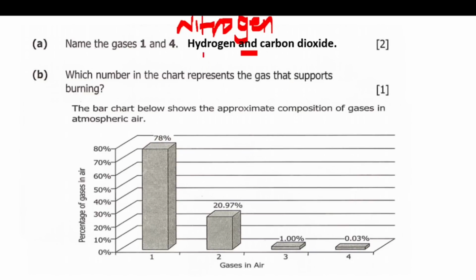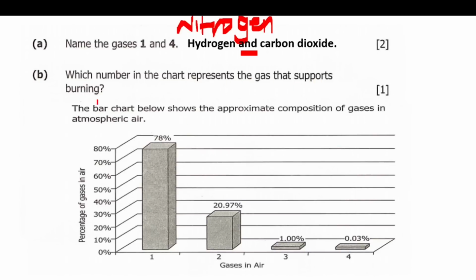The composition of nitrogen gas in air is around 78%. Then the composition of carbon dioxide in air is around 0.03%.